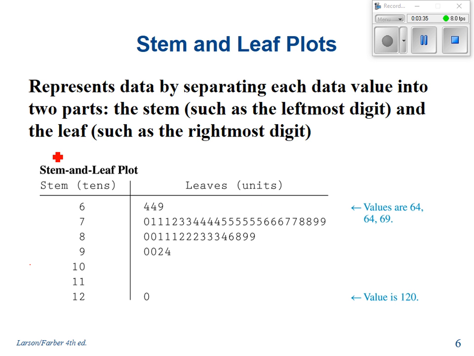That's what a stem and leaf plot looks like. So you break off your stems and you have your leaves. I'll give you a second to write it down, and then I'll explain it. You've probably seen it before, so we'll go back over it real quick.